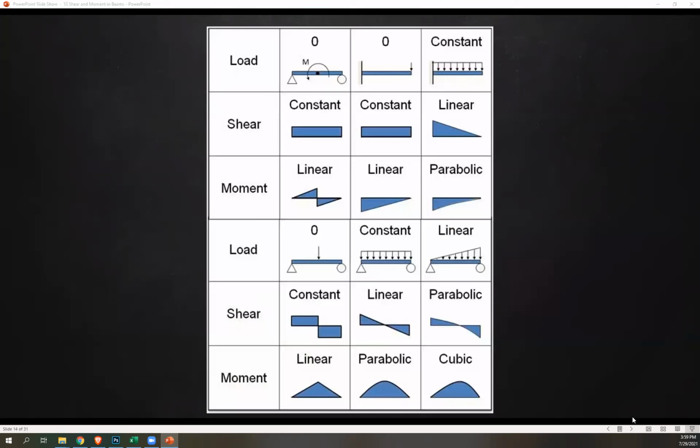Now, here's a summary of the types of loads that we have with their shear and moment diagrams. For this, there's no applied load, right? Therefore, your shear is just a rectangle because there's going to be a reaction upward here, straight line, and then a reaction downward here. Then for a cantilever, again, there's only a shear load here at the end, and there's going to be a reaction here to negate that.